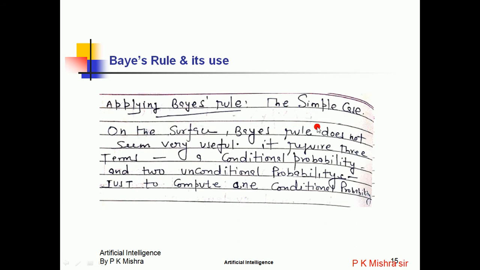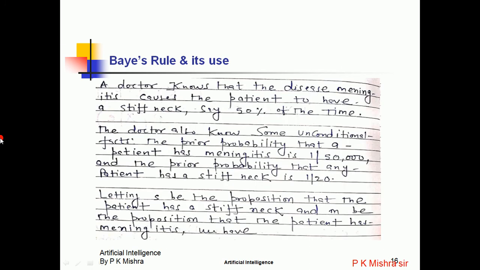Applying Bayes rule on the surface, Bayes rule does not seem very useful. It requires three terms, one conditional probability and two unconditional probabilities, just to compute one conditional probability. See how we compute it.